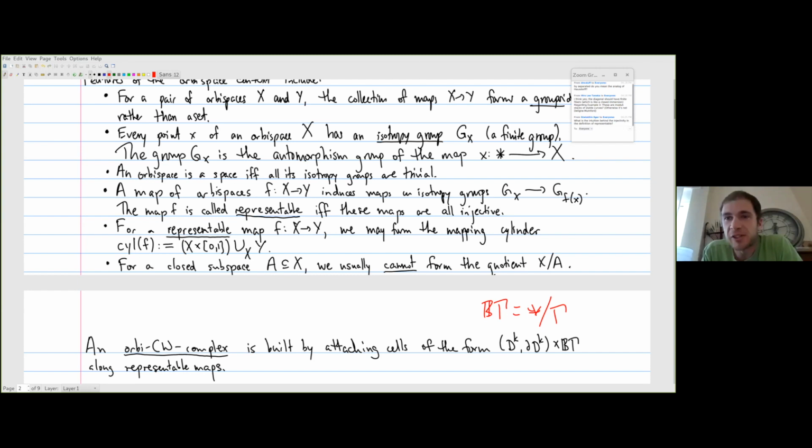Okay, Igor asks, what's the intuition behind injectivity in the definition of representable?